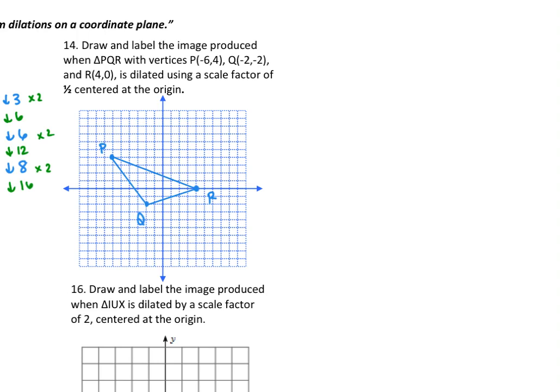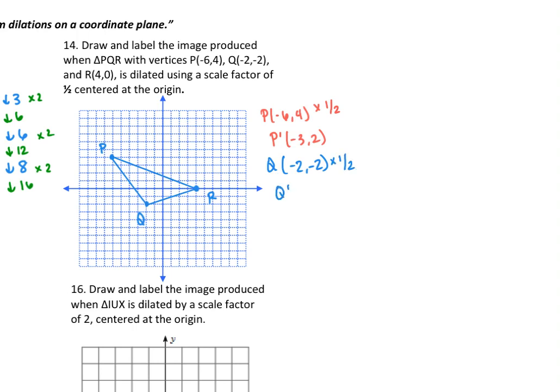And then we're dilating by a scale factor of 1/2 centered at the origin. Well, remember when we're centered at the origin, we can just multiply the points. So if P is -6, 4, I'm just going to multiply that by 1/2. And that's going to give me P prime. So -3, 2. Q is -2, -2. But I'm going to multiply that by 1/2.